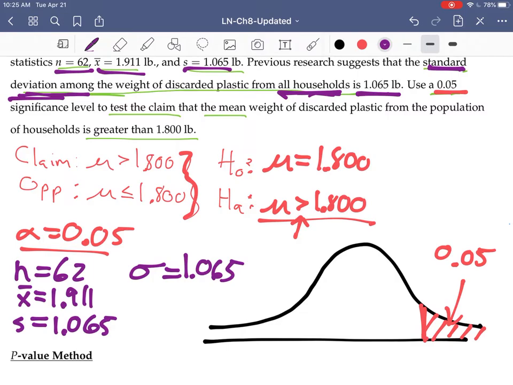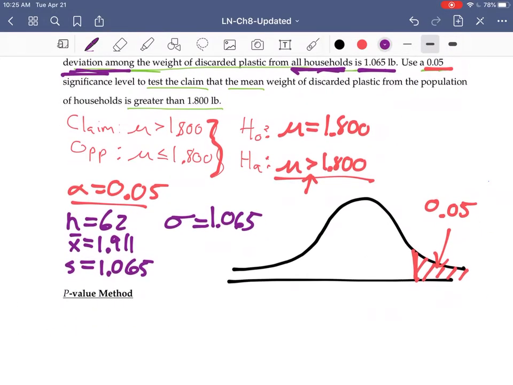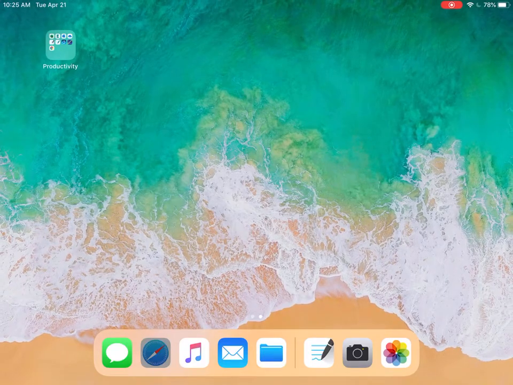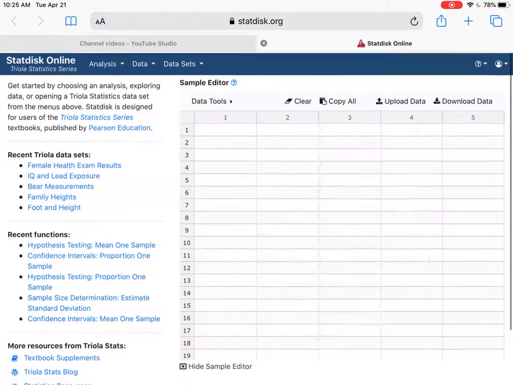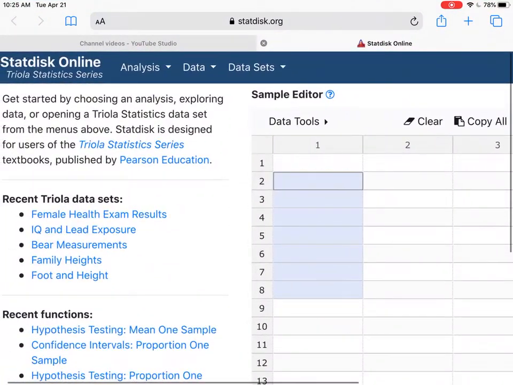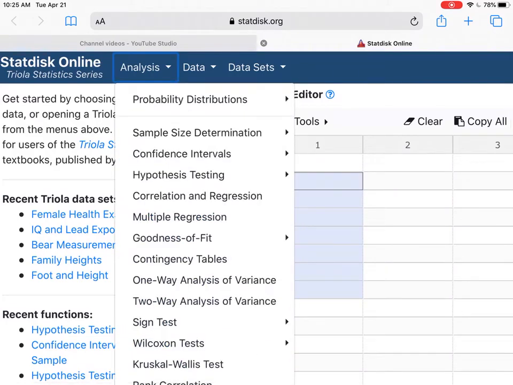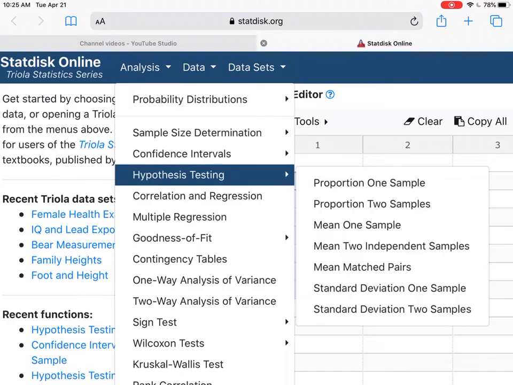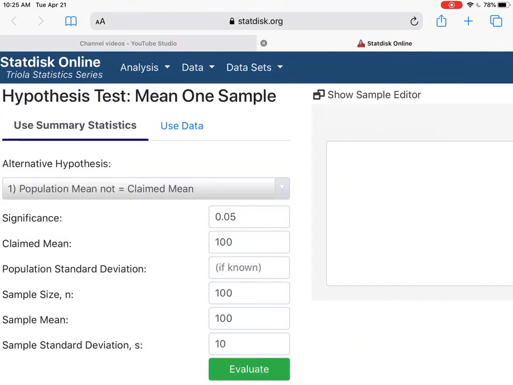All right, so we're going to take those things and we're going to go to StatDisk with those. So here in StatDisk, going to choose analysis. We are doing a hypothesis test, so I choose hypothesis testing, and it is a hypothesis test about a mean. So mean, one sample.